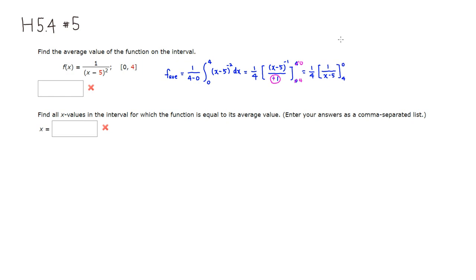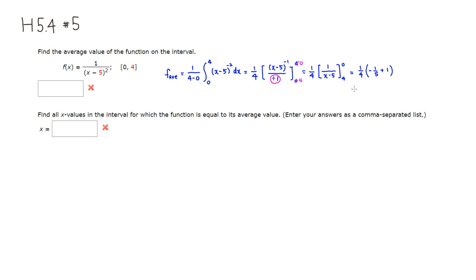So this is going to be equal to 1 over 4, and if you plug in 0, you get 1 over negative 5, so it's going to be negative 1 over 5, minus, if you plug in 4, it's going to be 1 over negative 1, so it's going to be plus 1.